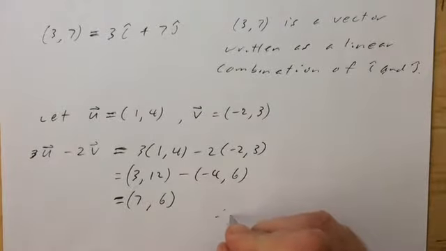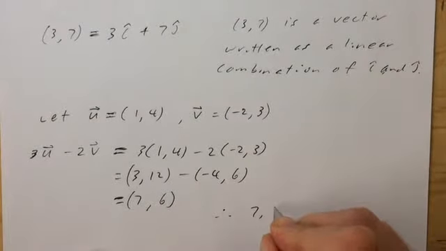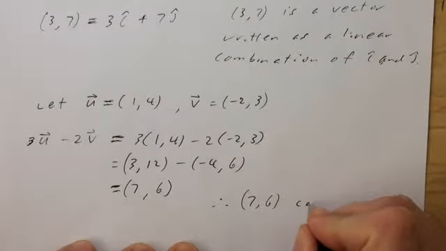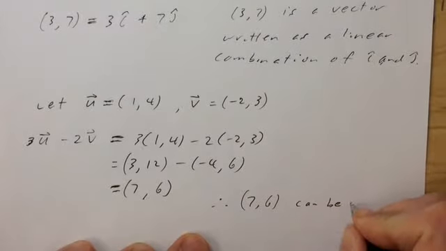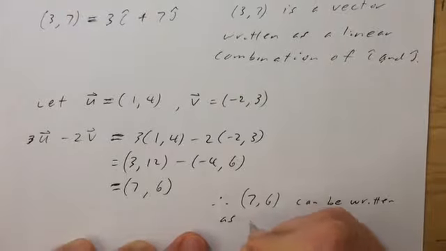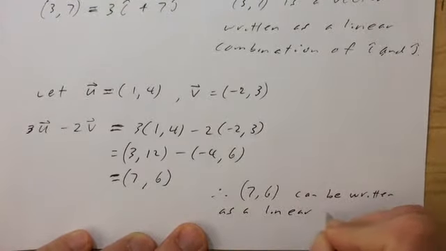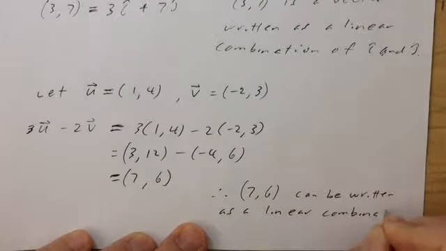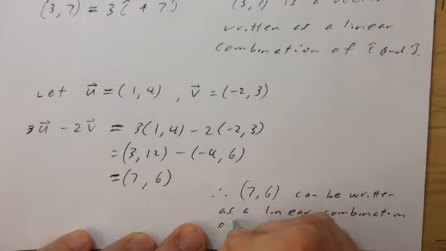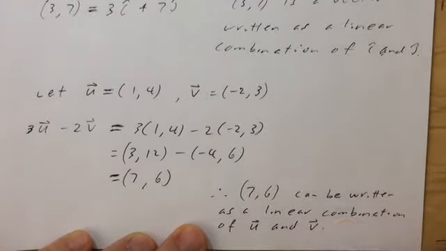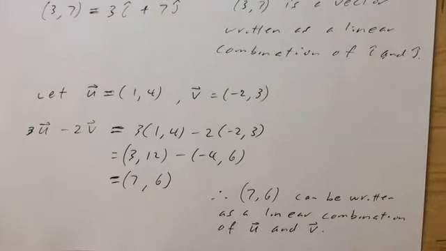Okay, so that vector can be written as a linear combination of u and v.